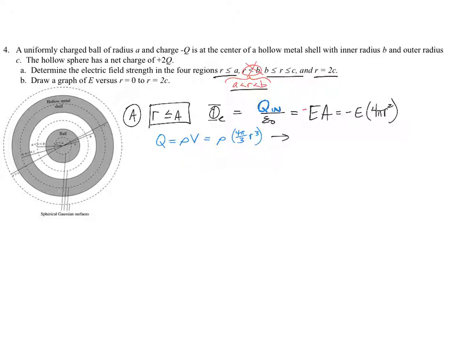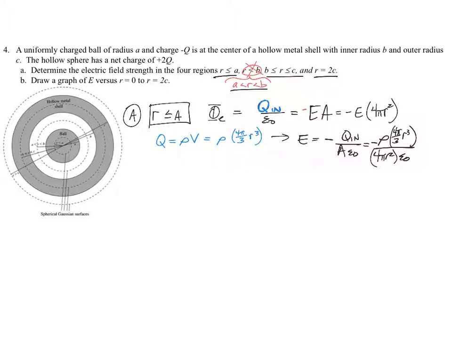So continuing over here, this means that my electric field is going to end up being a minus Q enclosed per area epsilon naught. And so my charge is going to be this minus density, the 4 pi over 3 r cubed. The area is 4 pi r squared.